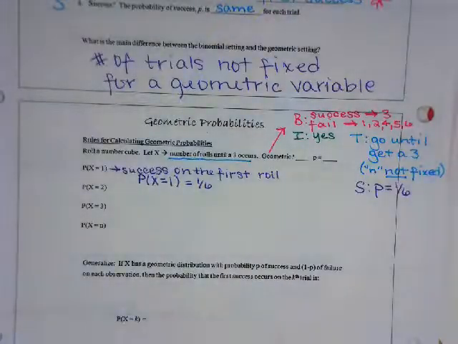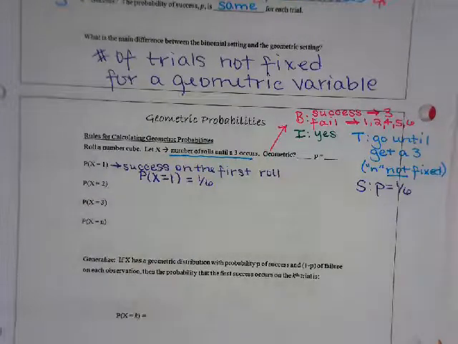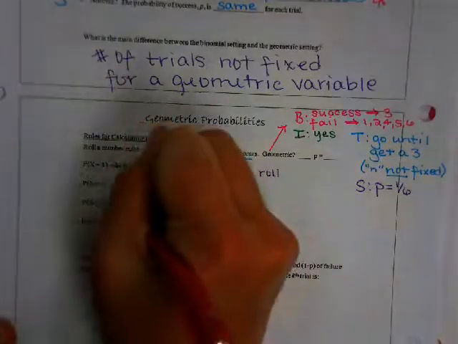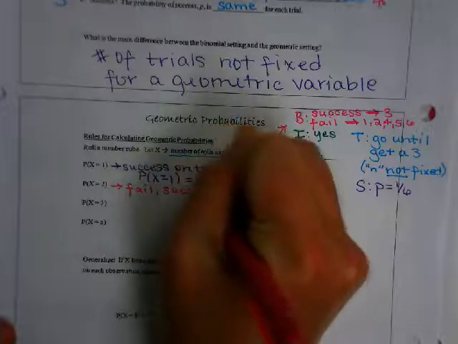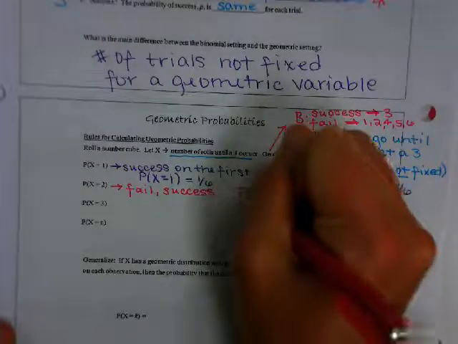So then the probability x equals 2. So I get a failure on my first roll, and then I get a 3, a success. So this is fail and then success. So what is the probability I get something other than a 3? 5 out of 6.